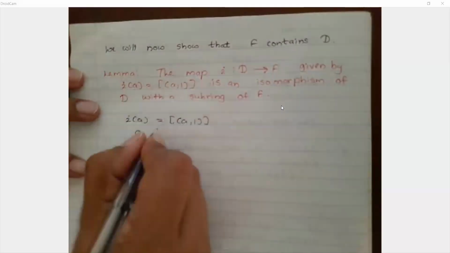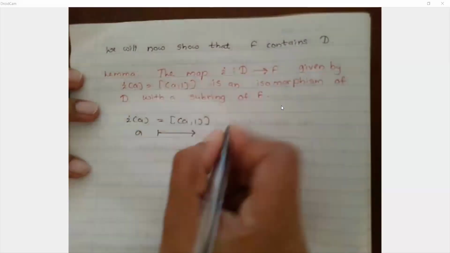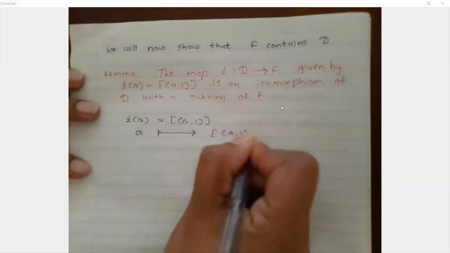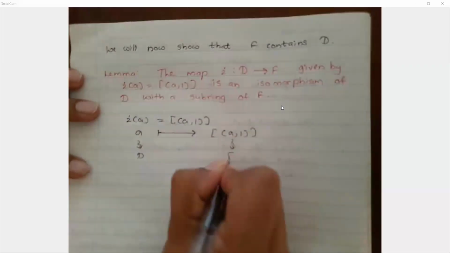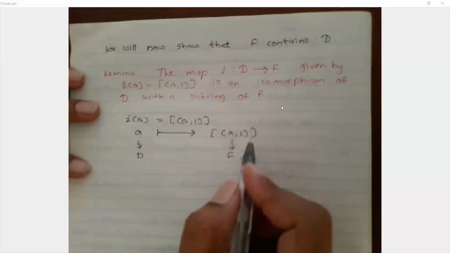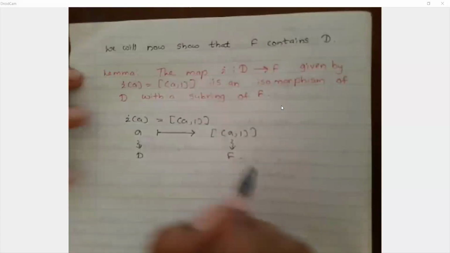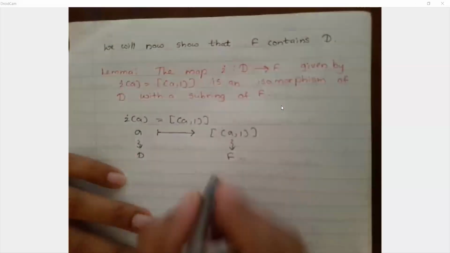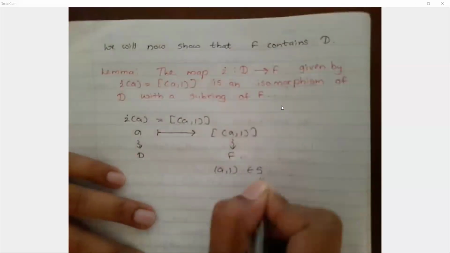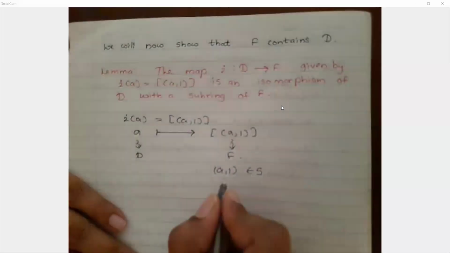Now, before we actually get to the proof, we have I of A equal to this. In other words, A will be mapped to the equivalence class of the element A1. This is coming from D. This is coming from F. This element in F is the equivalence class of A1. A1, which is an element in S, is non-zero as you can see.